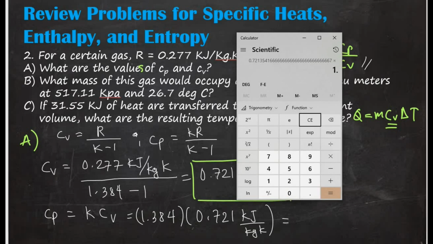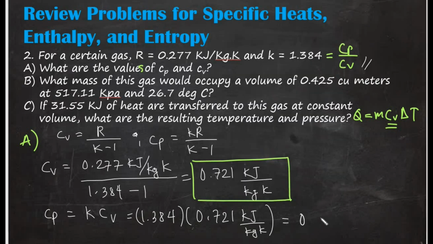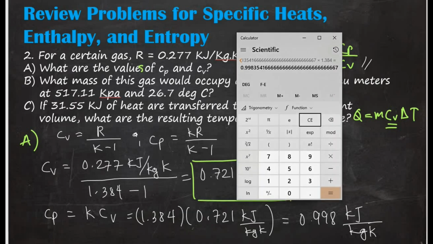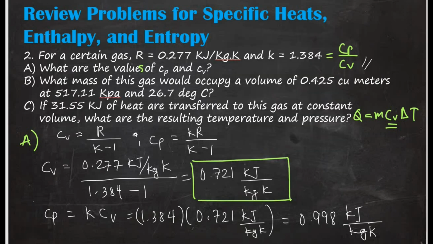Let's multiply that by 1.384. So we have 0.998 kilojoule per kilogram Kelvin. Let's box that as well.